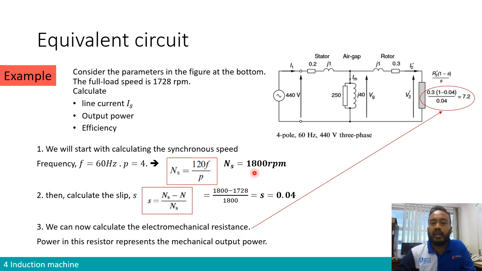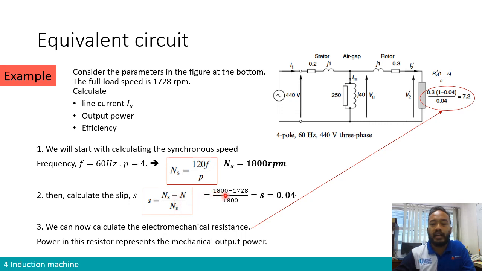Now an observation. Synchronous speed is 1800 RPM, but at full load the machine is rotating at 1728 RPM. So there is a certain reduction in speed in comparison to the synchronous speed. Therefore, we can calculate the slip. Slip is synchronous speed minus rotor speed, divided by synchronous speed.